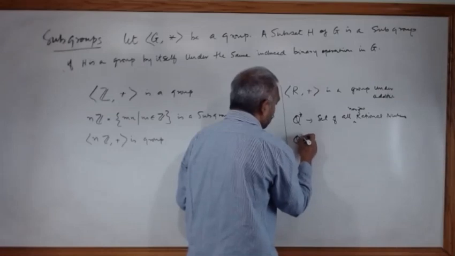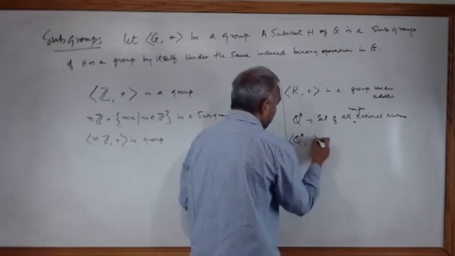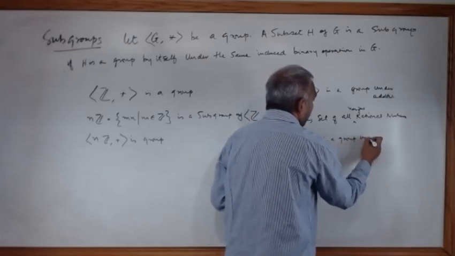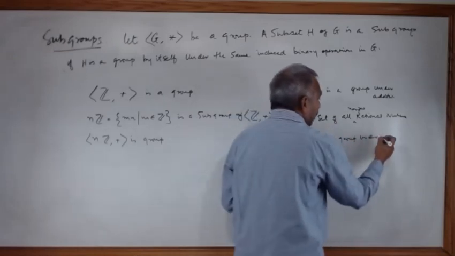Actually, that is Q star dot is a group under multiplication.